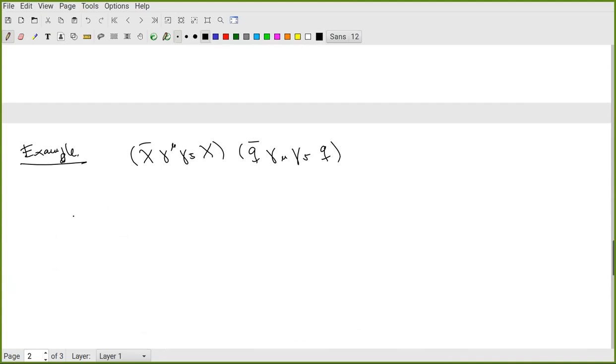There are two types of diagrams. You can have this contact interaction, and you can also have this one with a pion exchange.